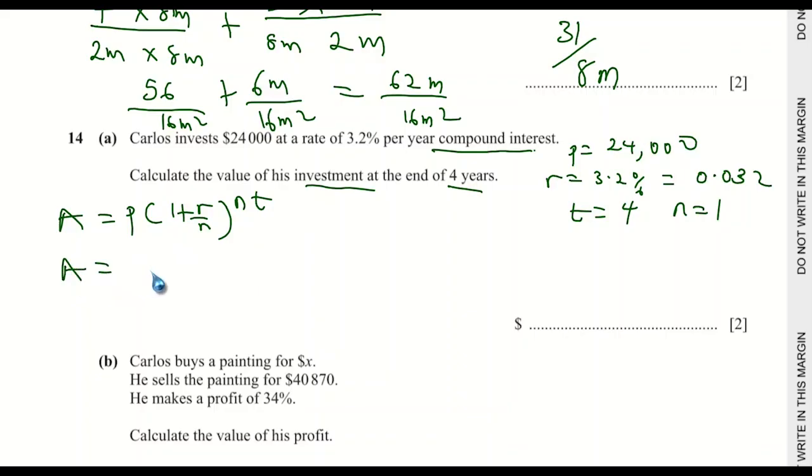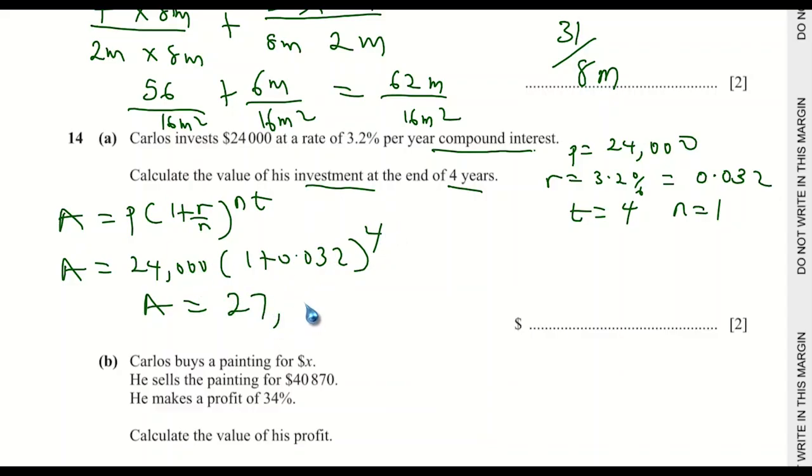A equals 24,000 into 1 plus 0.032 over 1, to the power of 4 times 1, which is 4. If you input this into your calculator, that is 1.032 to the power of 4, then multiply by 24,000, you're going to get 27,223.